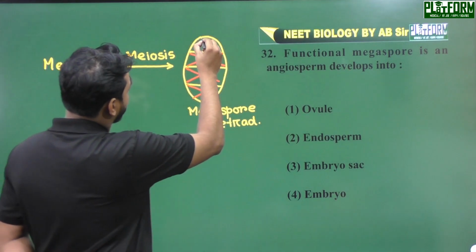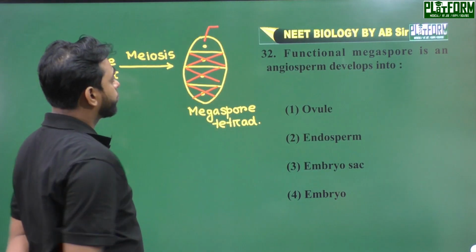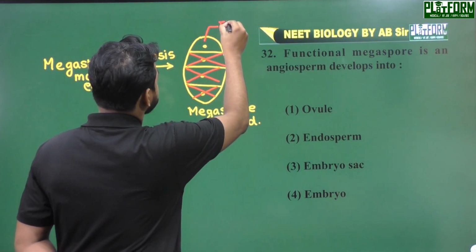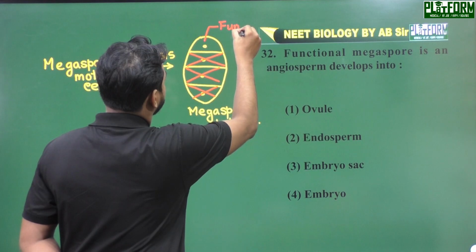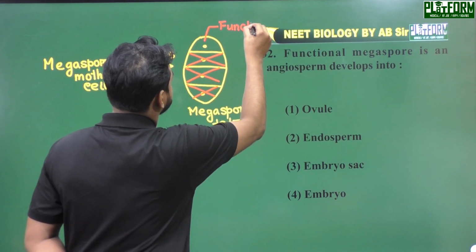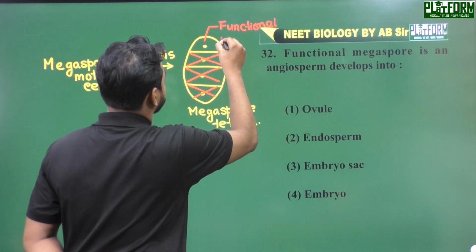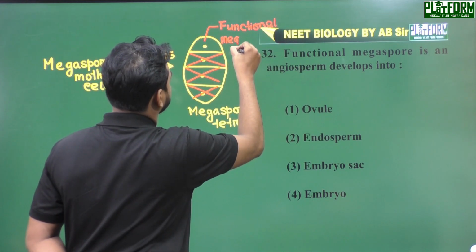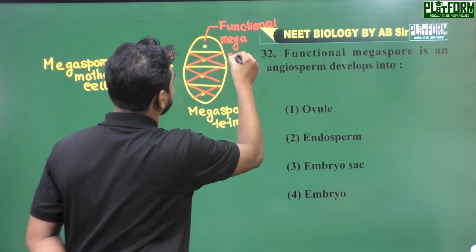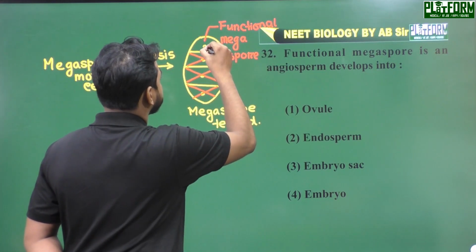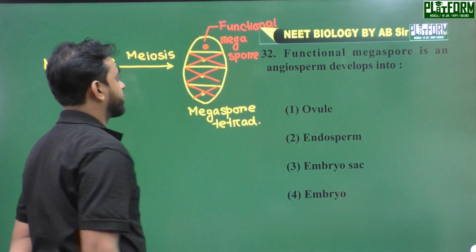And the megaspore which survived is considered as the functional megaspore. The functional megaspore is with a single haploid nucleus.